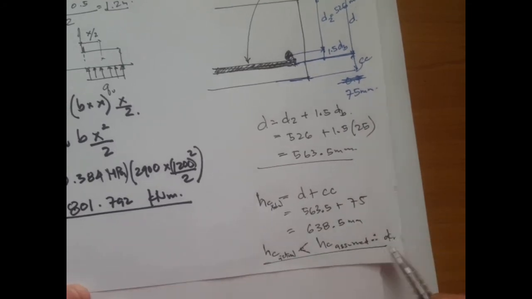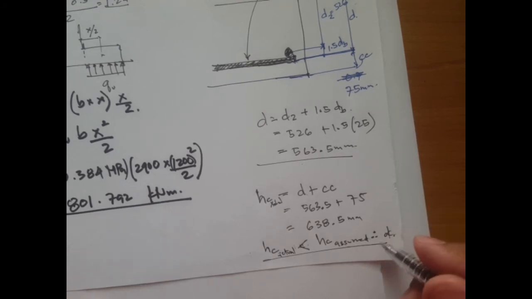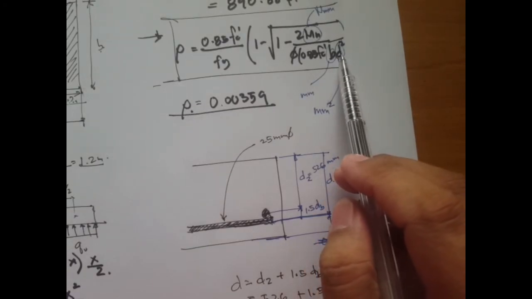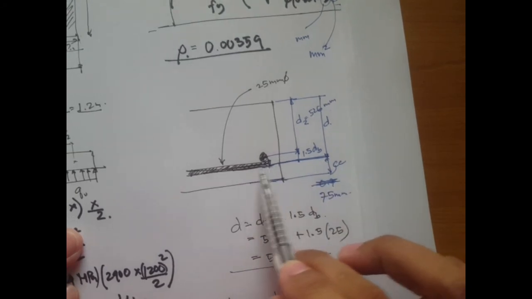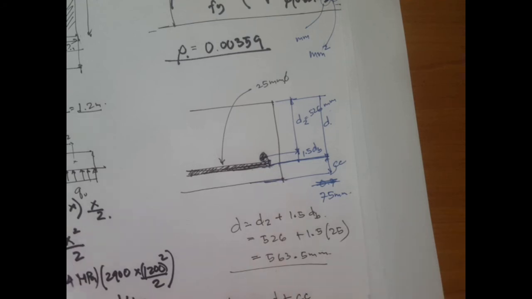If the computed height of the footing is greater than the assumed footing height, then you have to redo the computations. Again, the effective depth that we'll use is the depth at the bottom face of this bottom steel.